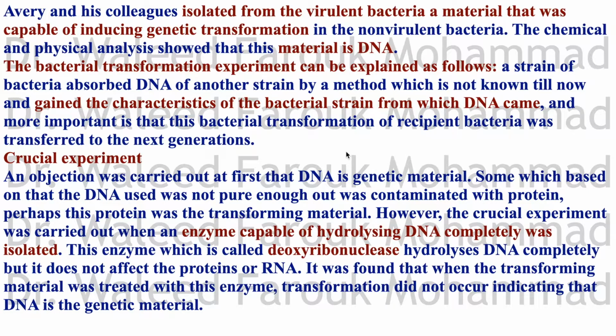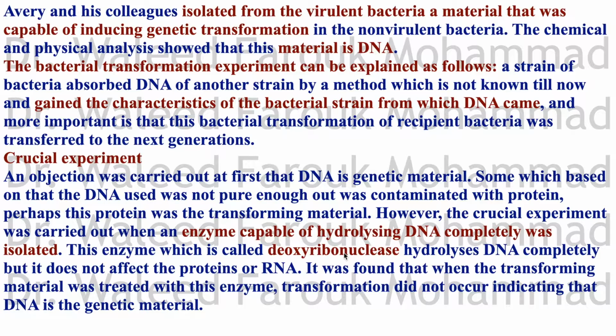It's not known. Some other scientists argued that the DNA used was not pure enough and it was mixed with proteins, and that maybe the proteins were the ones that carried the genetic information.